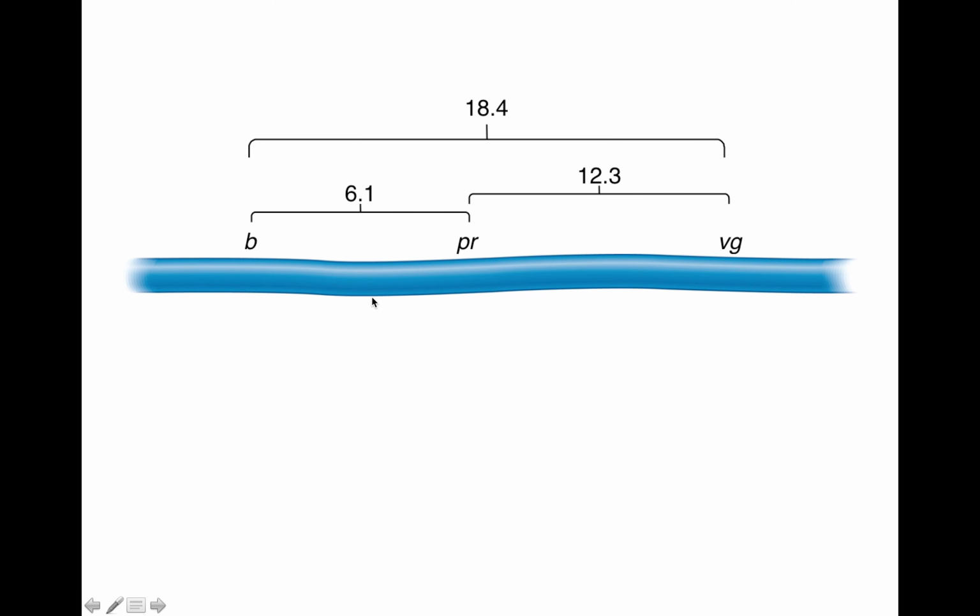So here's our map. We have 18.4 map units between vestigial and black, 6.1 map units between black and purple, and 12.3 map units between purple and vestigial. And you can double check to see if you did everything right, because this distance plus this distance should equal this distance.